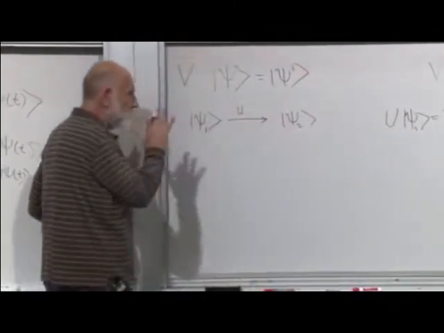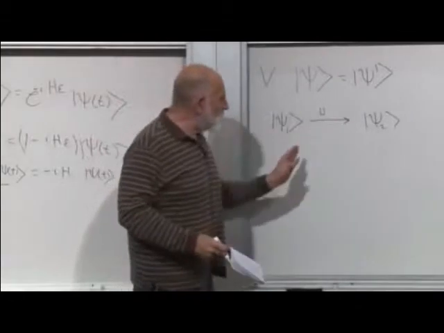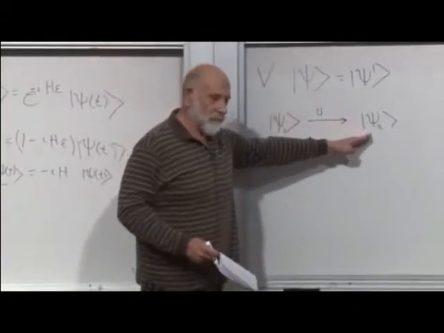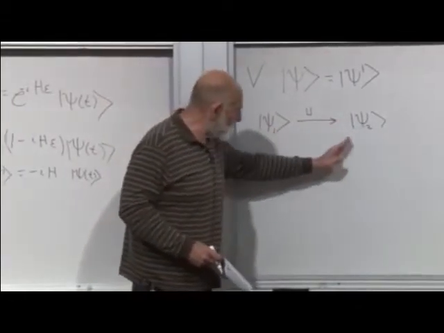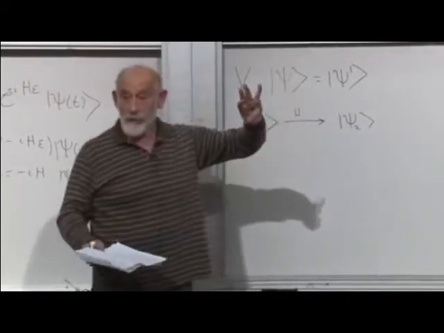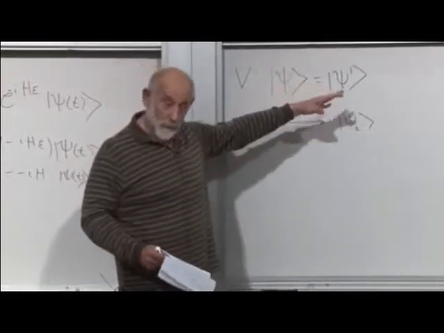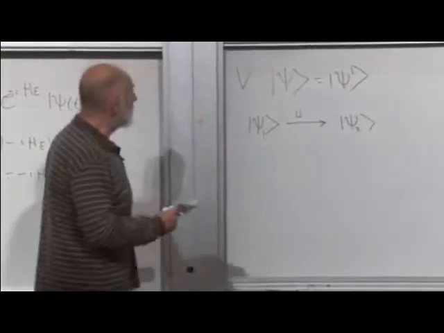Now there are too many. Let's keep in mind exactly what's going on here. 1 and 2 represent some initial state and some final state. Evolution from one to another. Prime and unprimed represent the action of the symmetry operation, which could be rotation or it could be translation.